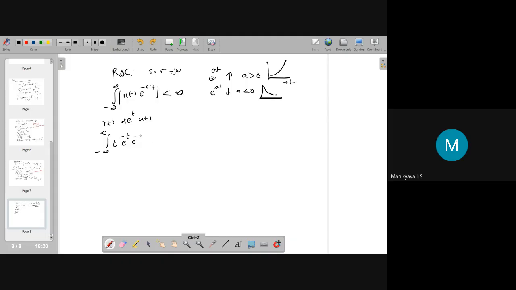Sorry, e to the power of sigma t should be less than infinity.